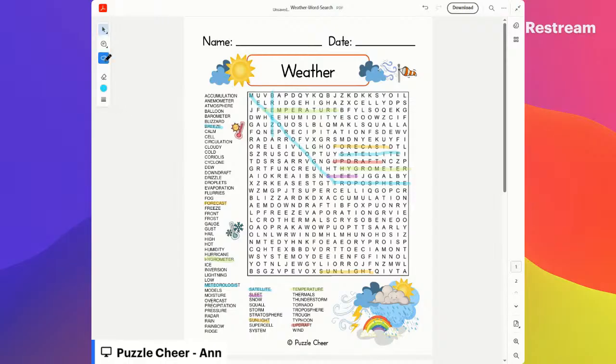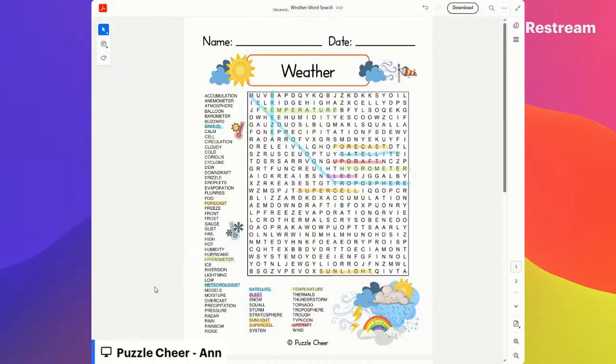And supercell is under that. SUPERCELL. So we're still horizontal. That's right about dead center in the puzzle. Awesome. Supercell. I'll cross that off.